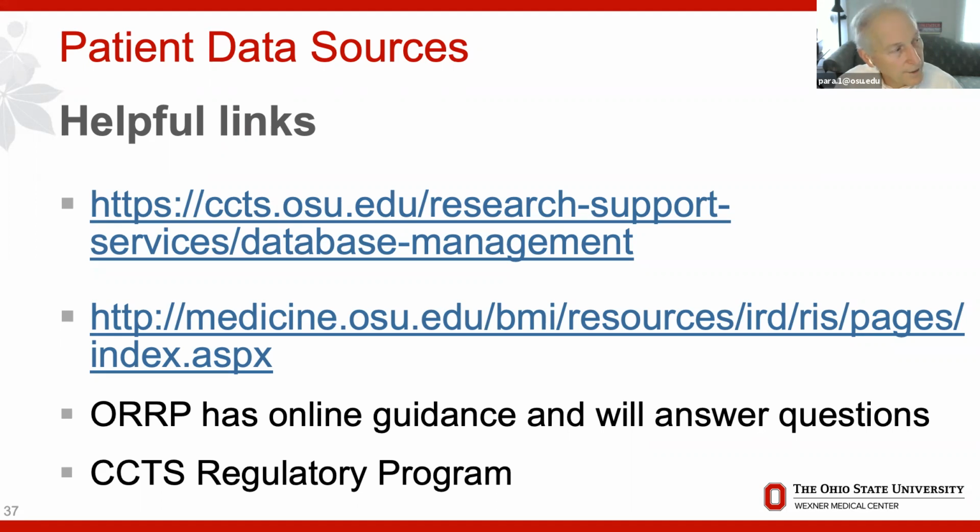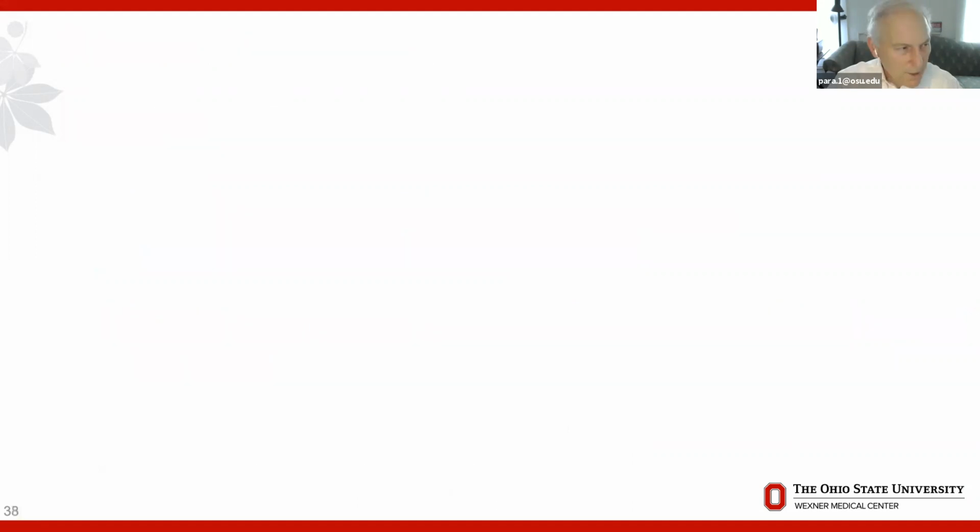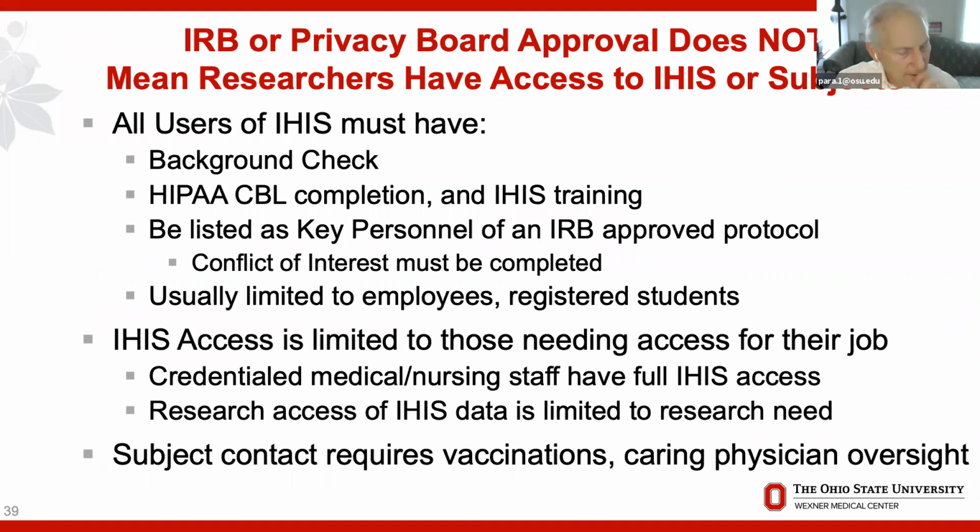Then you see research databases that contain patient data. There's a couple of references there on helpful patient data sources. And maybe I should point out that, and I see this all the time, if the IRB approves a study, that doesn't mean that you have free rein to run through the charts.